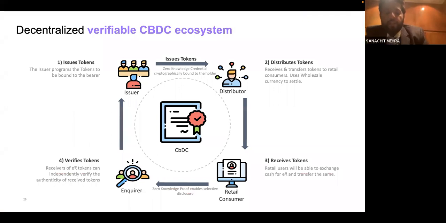So Shashank has already laid down the benchmark for how RBI today intends to use CBDCs, especially for wholesale and retail purposes. In fact, if you look at the white paper, they're pretty clear on what kind of implementations would be there for wholesale as well as retail CBDC.